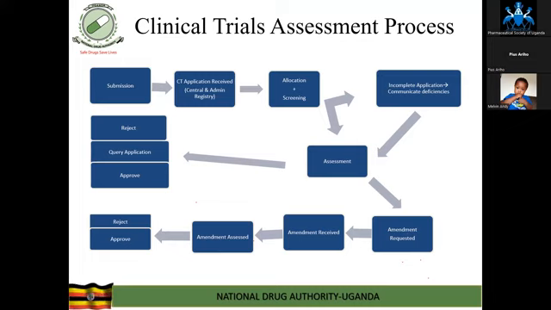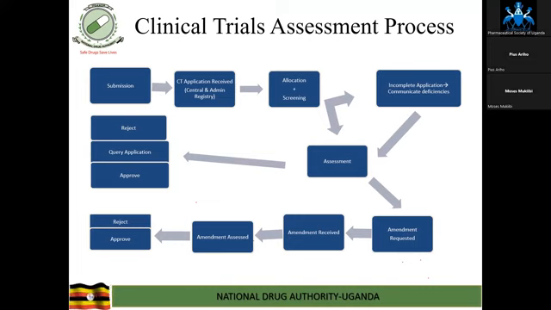So that's why you see that we have amendments, and amendment responses are also reviewed, so that in the event that something has to be changed in a clinical trial, the change is approved. You don't just wake up and say, I was giving these guys 5 milligrams and now I saw that it was not good enough, so I changed to 10 milligrams. That change has to be approved by the National Drug Authority.